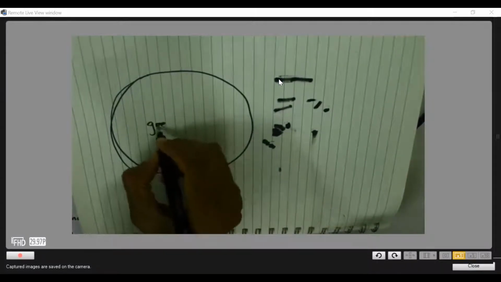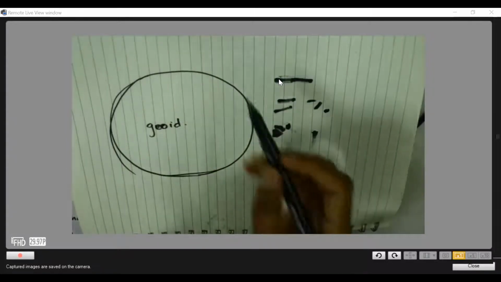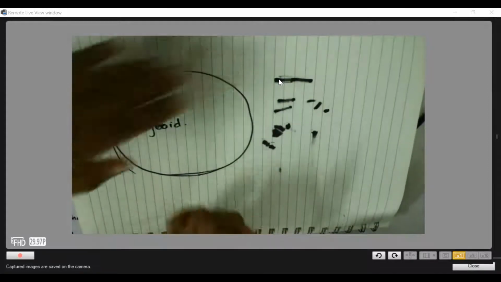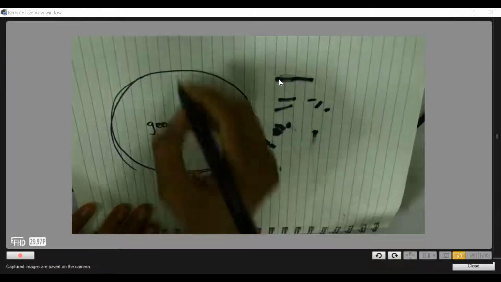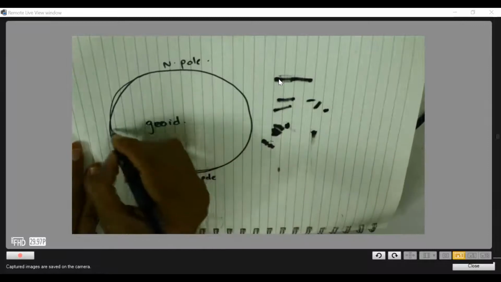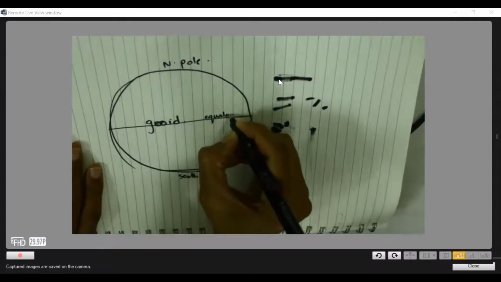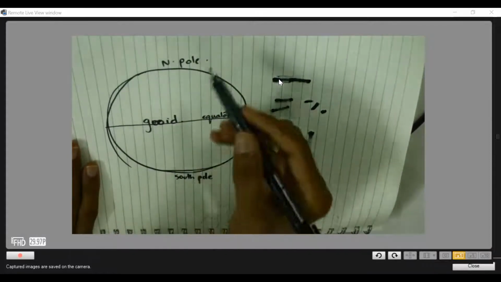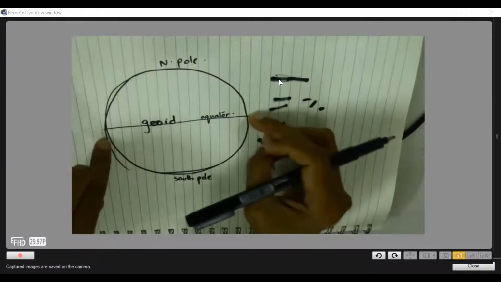It's slightly oval, slightly compressed at the north and the south pole with the equator bulging out. That's the actual shape. It's not a perfect globe. So the north and the south pole are a little compressed with a little bulging on the equator.